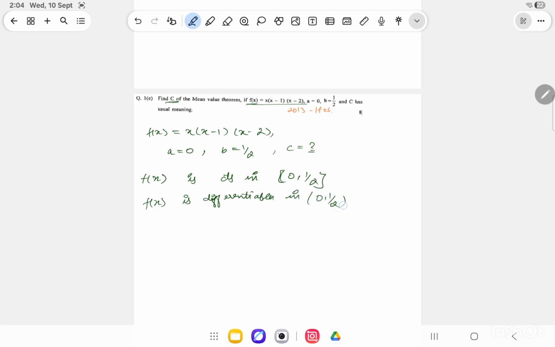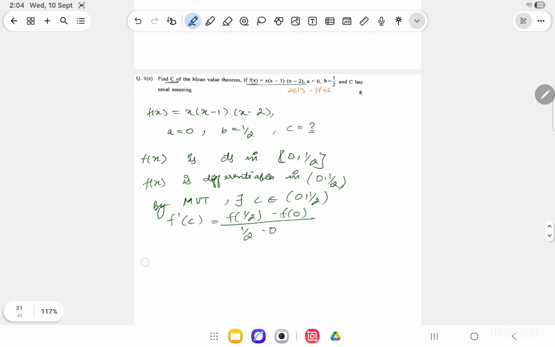Then by the mean value theorem, there must exist C in the open interval (0, 1 by 2) such that f'(C) equals (f(1 by 2) minus f(0)) divided by (1 by 2 minus 0).